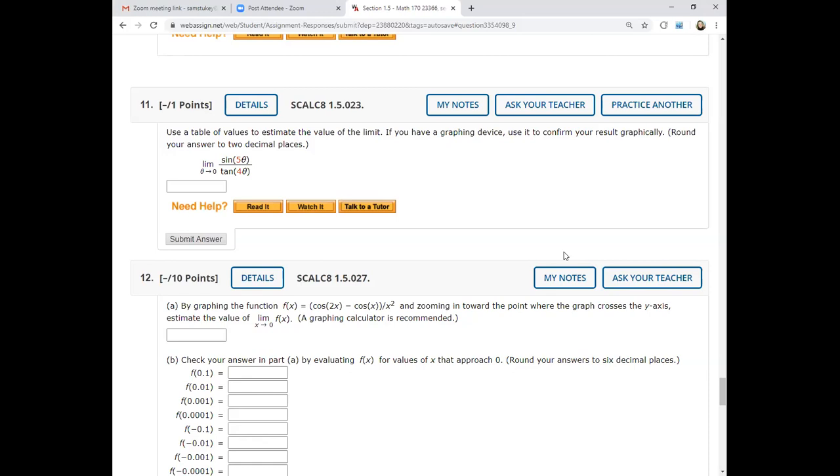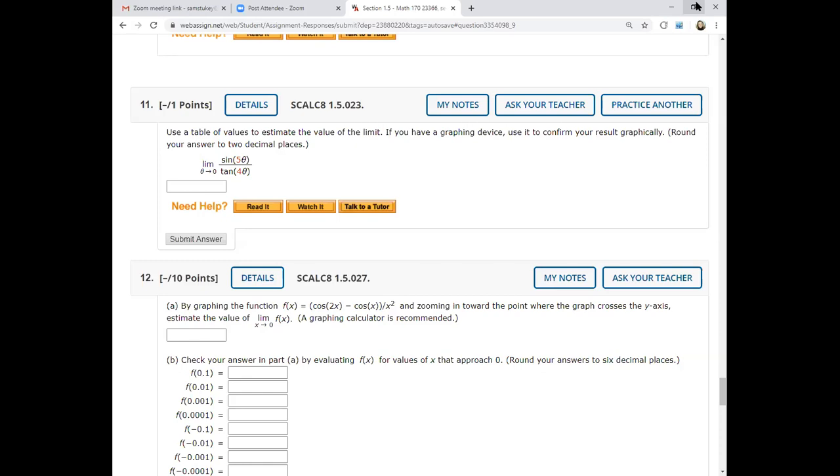So you want to choose values that are close to 0, like 0.01, 0.001, 0.0001, and then choose values that are slightly smaller, like negative 0.1. You want to approach it from both sides and plug it in.